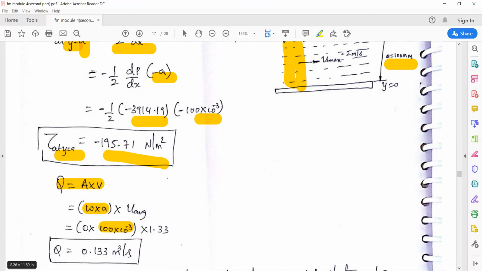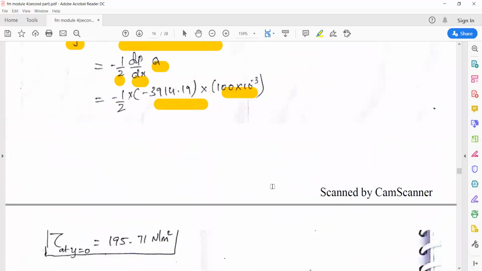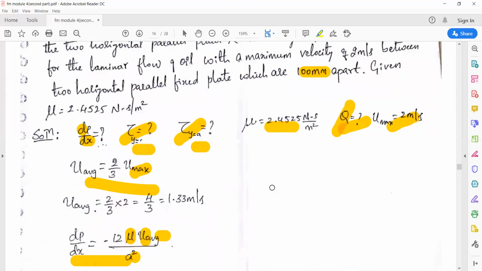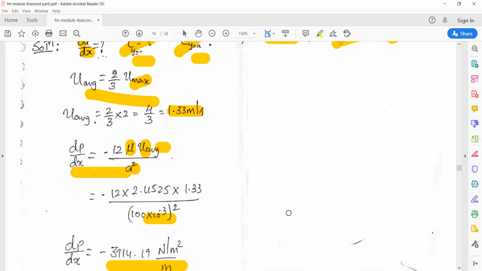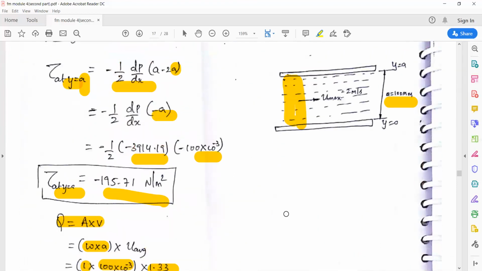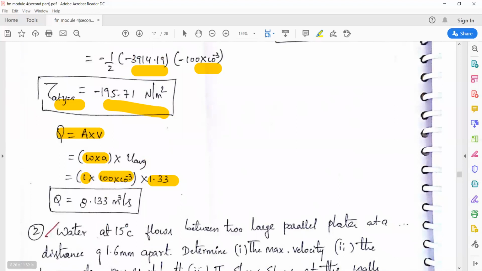During the derivation, we know the width of the plates is taken as unit width, so W is equal to 1. So 1 into 100 into u average. The average velocity is already calculated, that is 1.33 meter per second. Substitute that average velocity here and you'll get the value of Q: Q is equal to 0.133 meter cube per second.